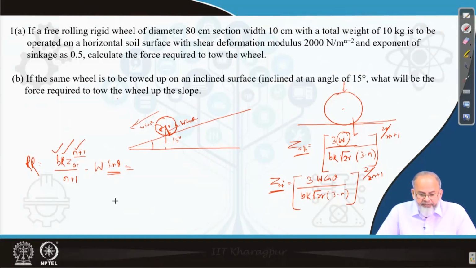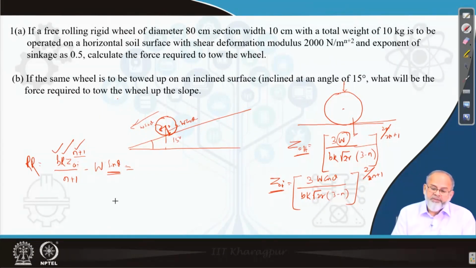I hope I have clarified it. First we have to see whether the conditions which are given are applicable within Bekker's limitations or not. If it is satisfied, then you take the help of Bekker's equation and the derivations which we have already done for sinkage, find the sinkage, and from that find the rolling resistance.